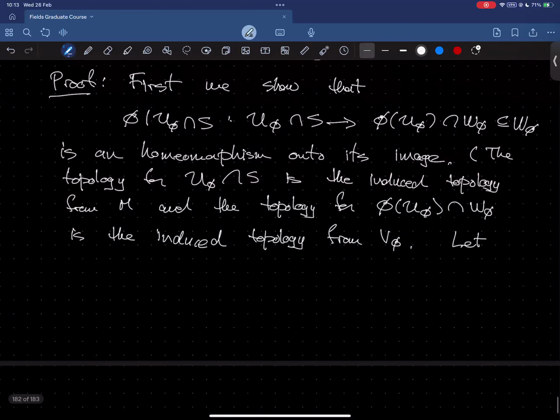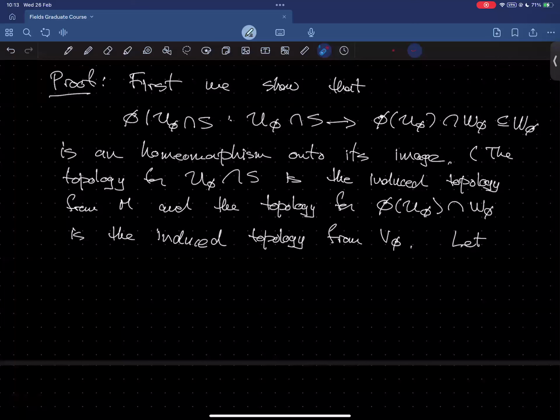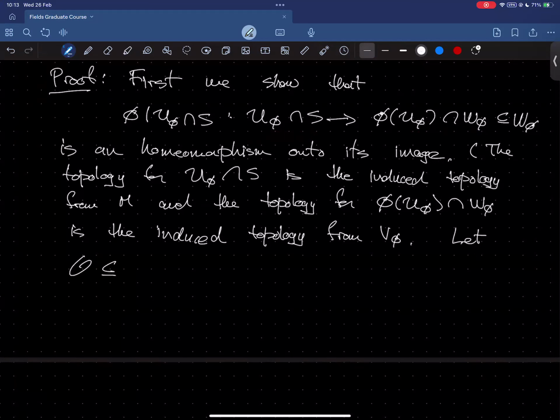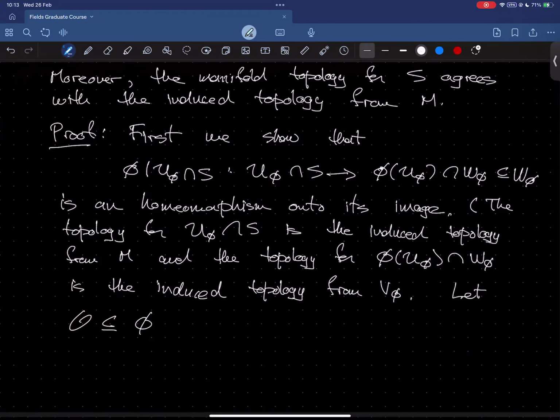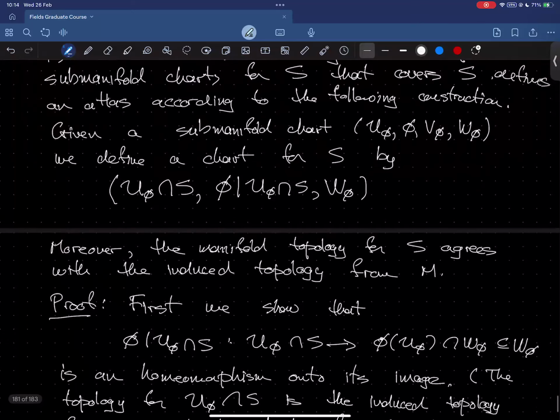So I need to show that the pre-image of an open set here is open here. So let O in phi of U phi intersect W phi be open.